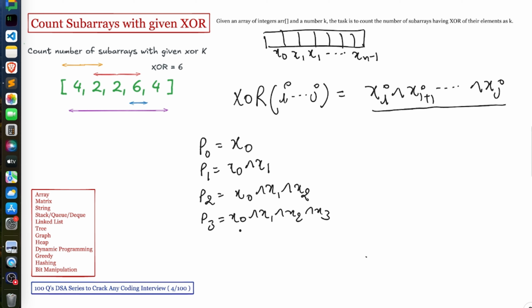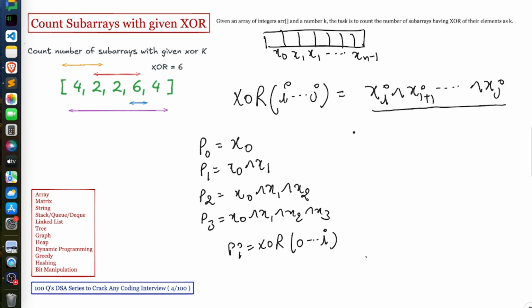So this prefix pi stores the XOR value of all the numbers from index 0 to i, right? We will take help of this prefix XOR to calculate this value.